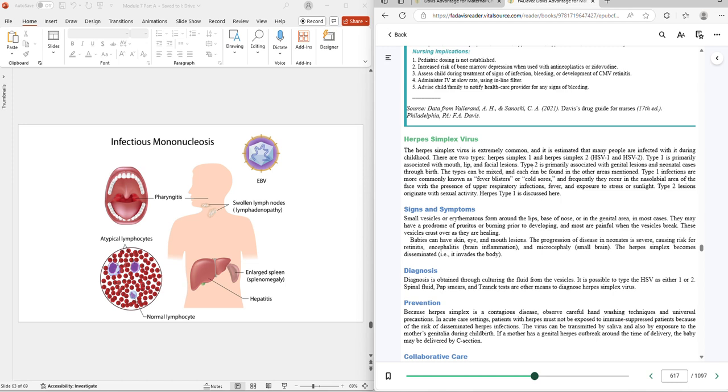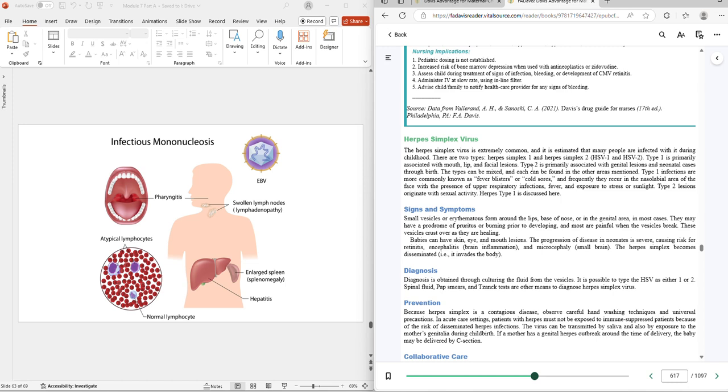So if you have an active lesion, you need to be teaching your patients. If you have an active lesion on your face, you cannot have any type of oral sex because you can give your partner herpes simplex 2, and that is the genital lesions. Okay.